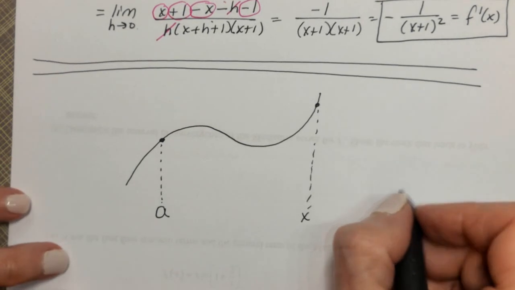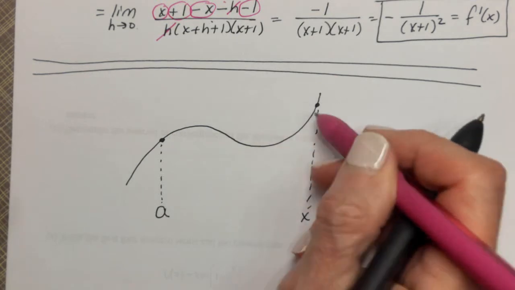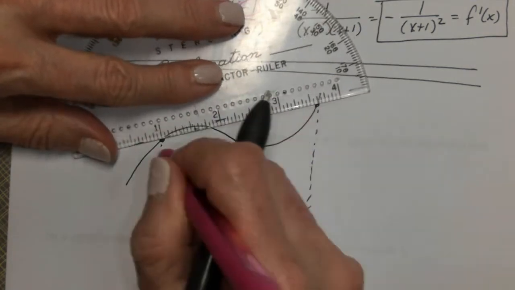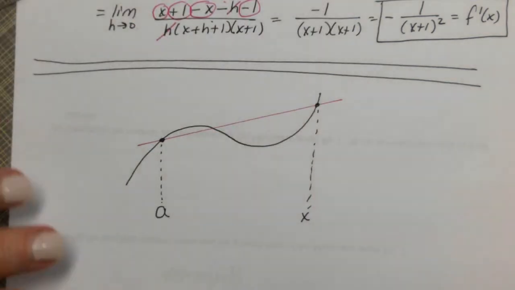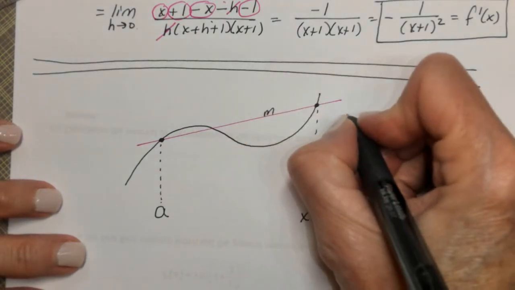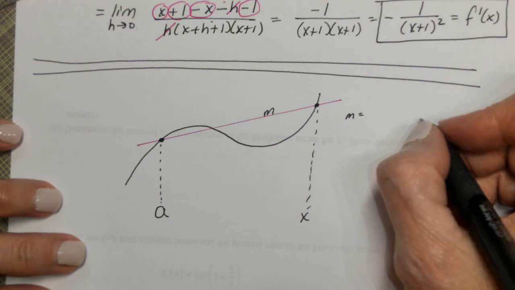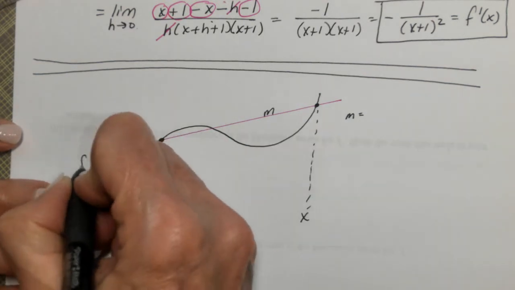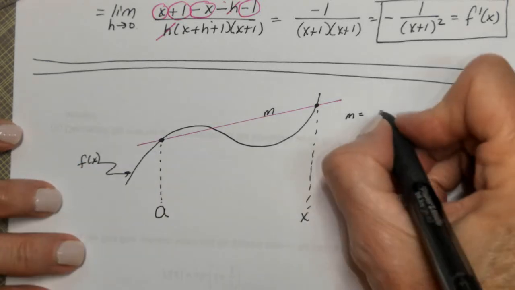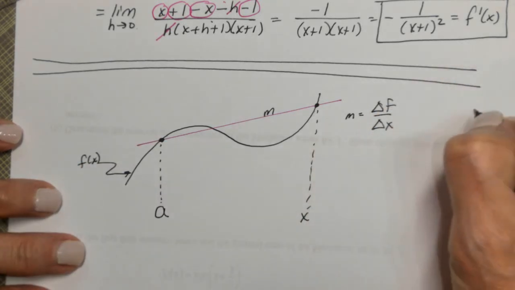And again, I know that the slope of the secant line here, the slope between those two, call it m, that slope would be change in y over change in x, and if this curve is f of x, that would be change in f over change in x.